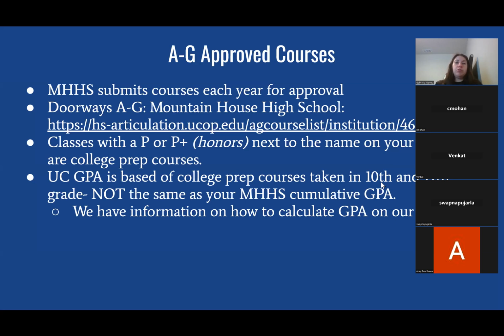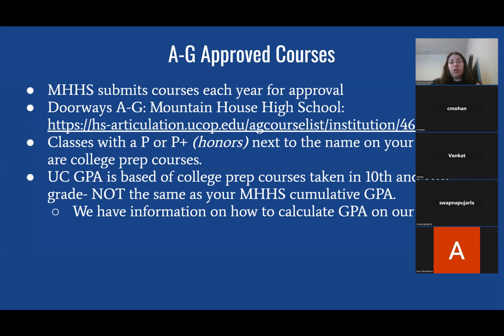So for A to G approved courses, we submit courses each year for approval. We go through Doorways, and if you were to go to that list, or say you search Doorways on Google and put in Mountain House High School, you will be able to see all of our approved courses that are UC-CSU approved.